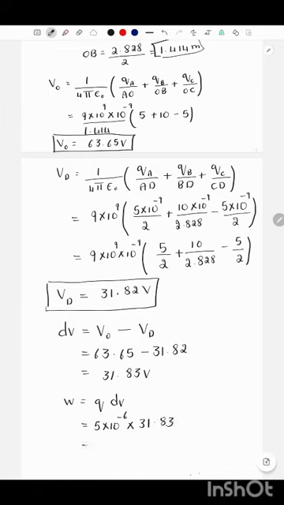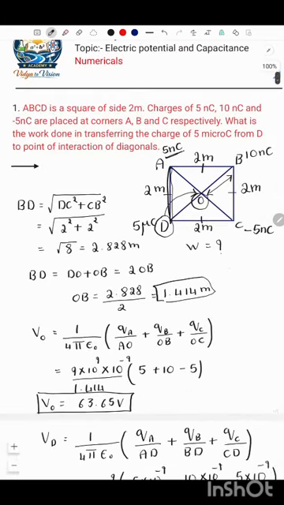Okay, so the final answer will be 159.15 into 10 raised to minus 6 joule. Okay, this is the work done in bringing a charge of 5 microcoulomb from point D to point O.